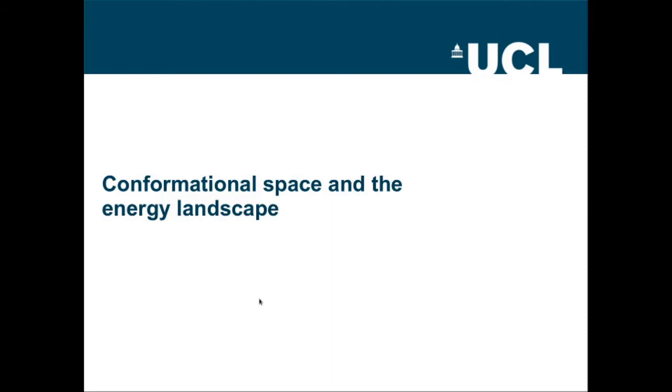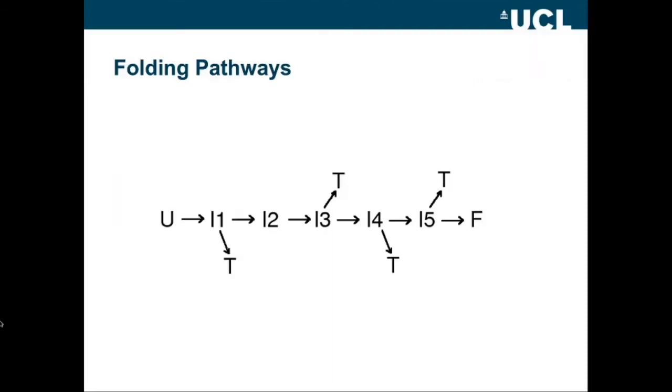So let's look a bit more at this idea of conformational space and energy landscapes. You just saw that sort of thing in the funnel-shaped plot that I showed you on the last slide. Let's think about what happens as a protein folds, going from some unfolded state here to a fully folded state here.